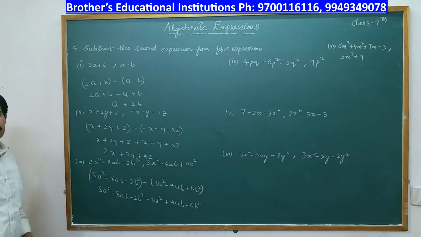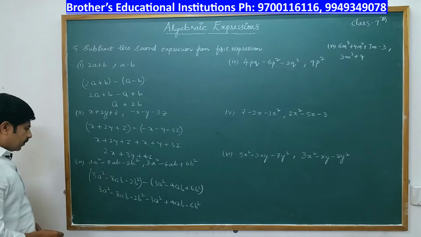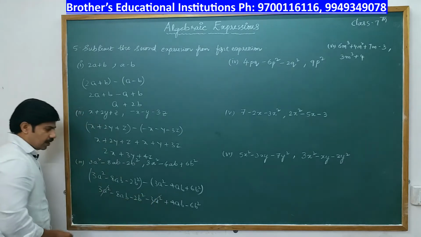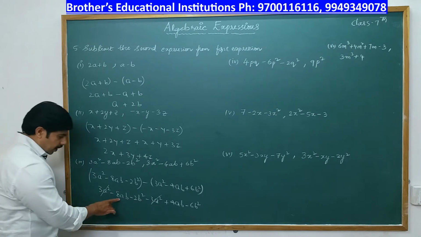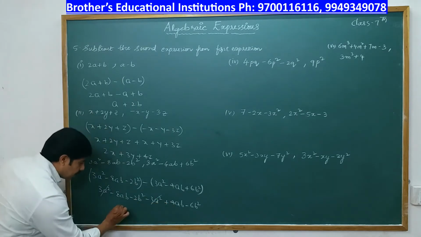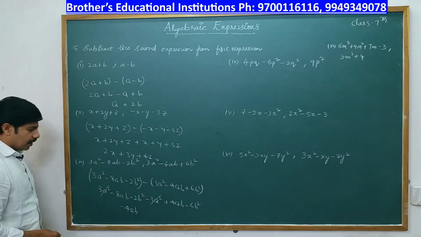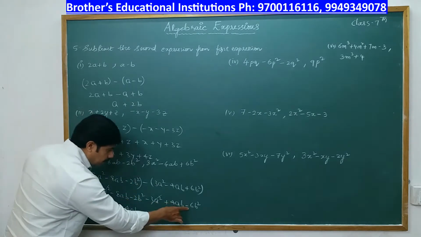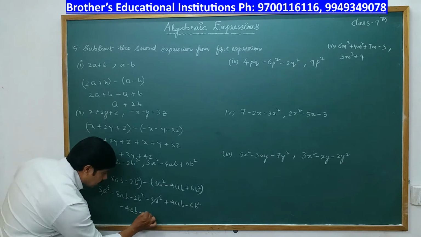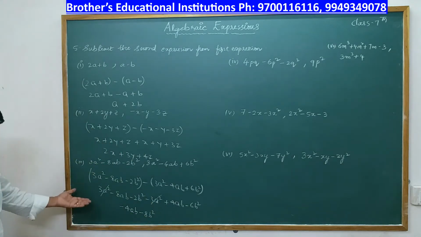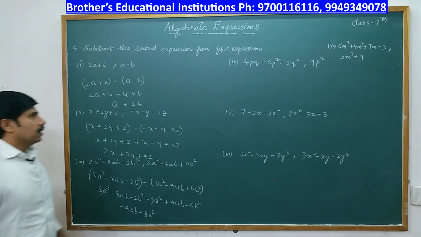We multiplied with minus and open the brackets. Then plus 3a square minus 3a square cancels. Now minus 8ab plus 4ab is minus 4ab. Then minus 2b square minus 6b square is minus 8b square, right? So this is completed.